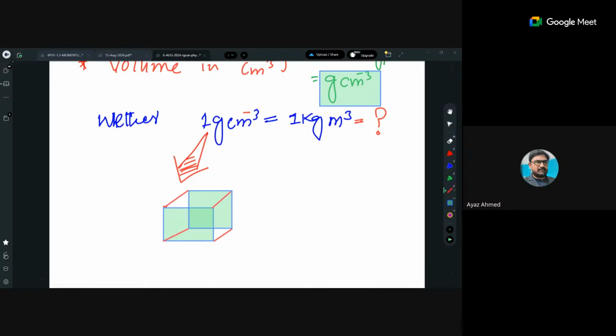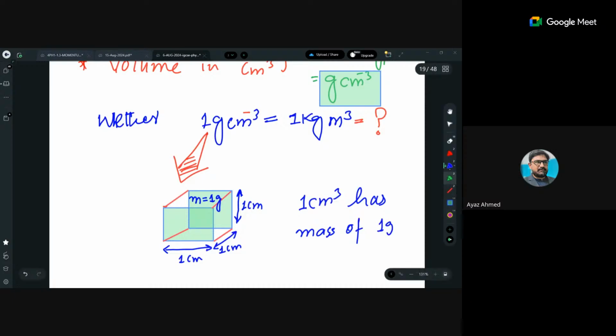Its length is, let's say, 1 centimeter, its width is 1 centimeter, and its height is 1 centimeter. Then overall 1 cubic centimeter has a mass of 1 gram. Is this concept clear to you?